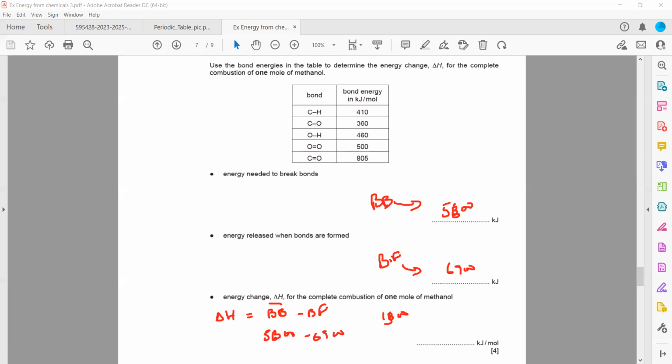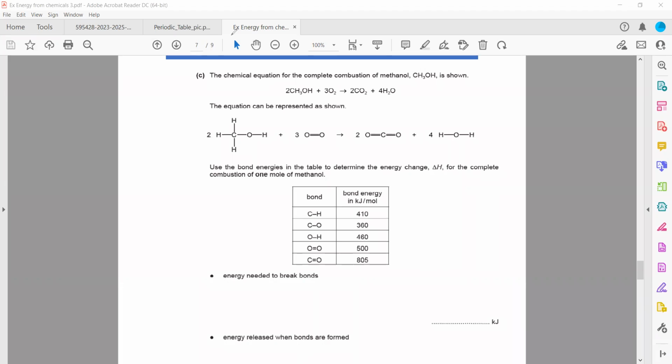And in the question, we need it for 1 mole. If you check the equation, it is for 2 moles. In the question they highlighted burning 1 mole of methanol. This equation is for burning 2 moles of methanol.